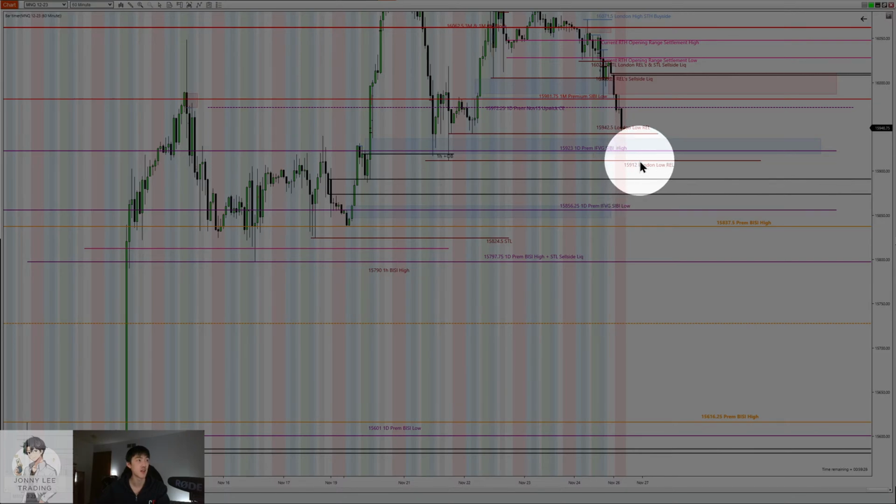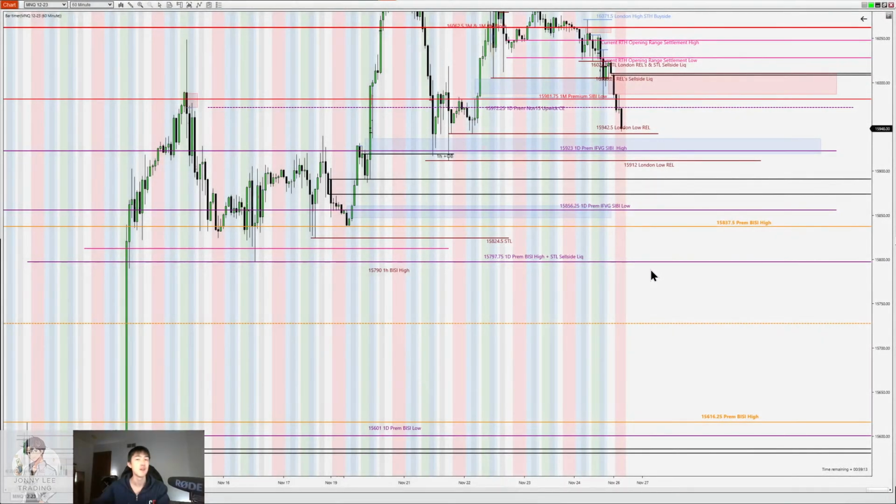We would like to see us potentially even treat this as an inversion fair value gap, right? I wonder if we would bounce off of this area here once we take lows, take this area out, head lower, treat this as an inversion fair value gap, head even lower. That's what I'm curious to see what will happen this week.